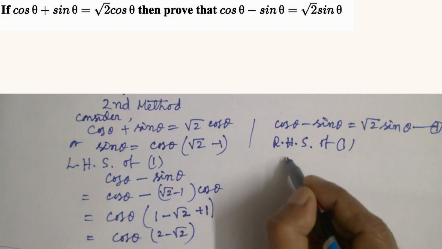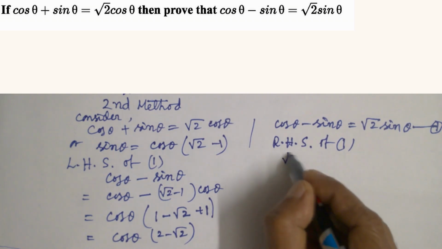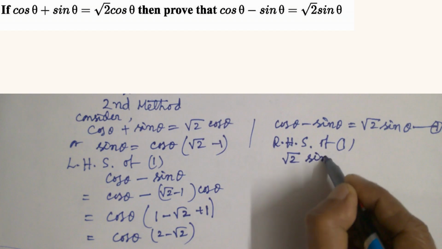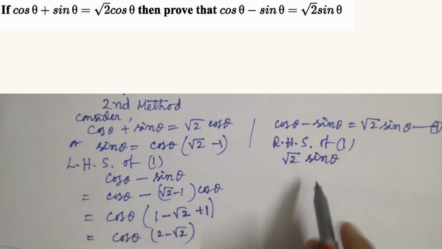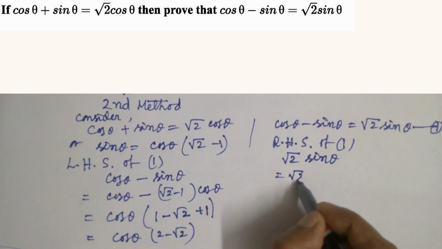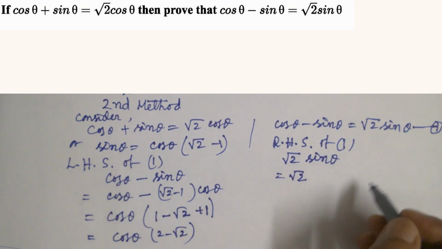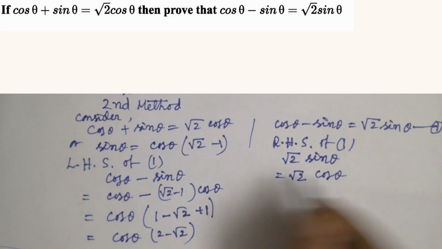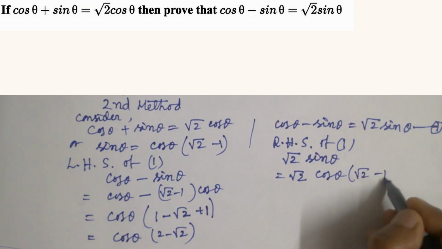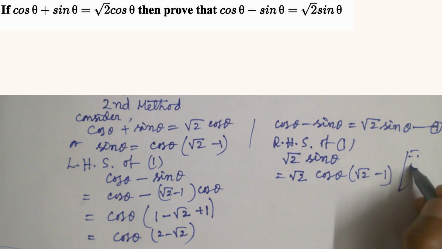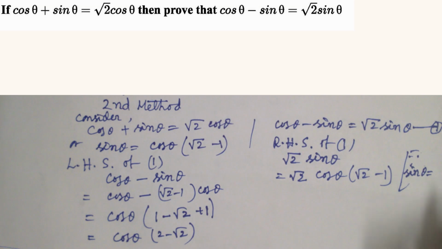The RHS of 1 is root 2 sin theta. What was the value of sin theta? As we have got before, sin theta is equal to root 2 minus 1 into cos theta.